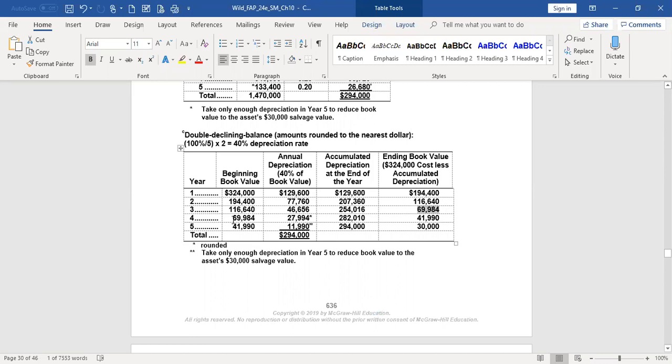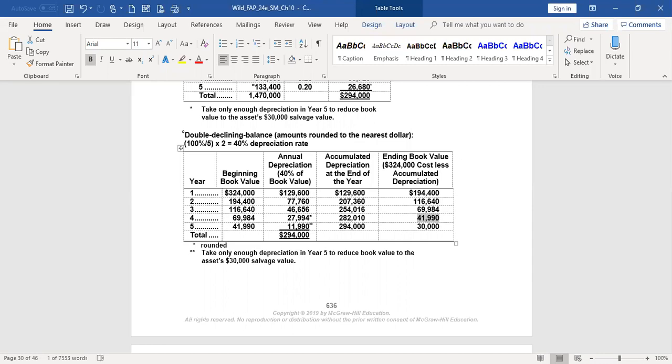Going into year four, new book value times 40% gives us depreciation expense for year four, and they rounded it to the nearest dollar. That will increase our accumulated depreciation now up to $282,010. Cost minus the accumulated depreciation gives us a book value of $41,990. We're getting close to our salvage value, and you remember, we can never allow the asset's book value to be less than salvage value.